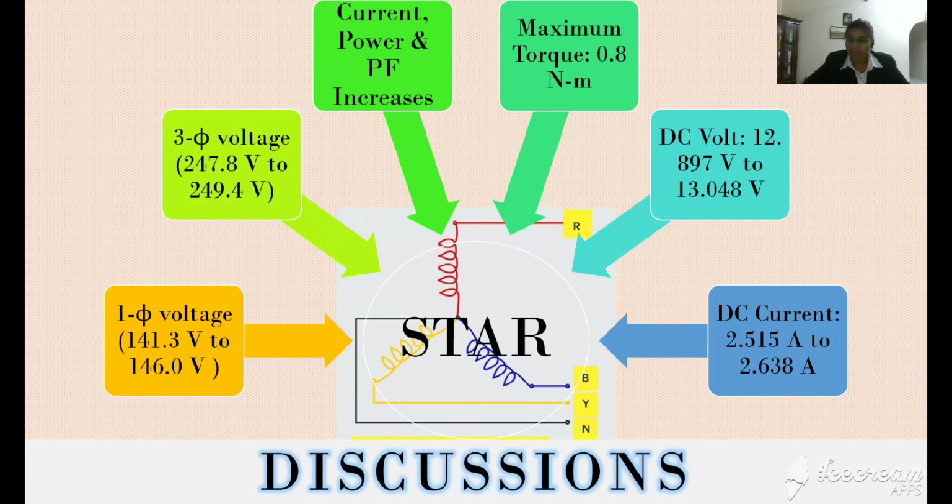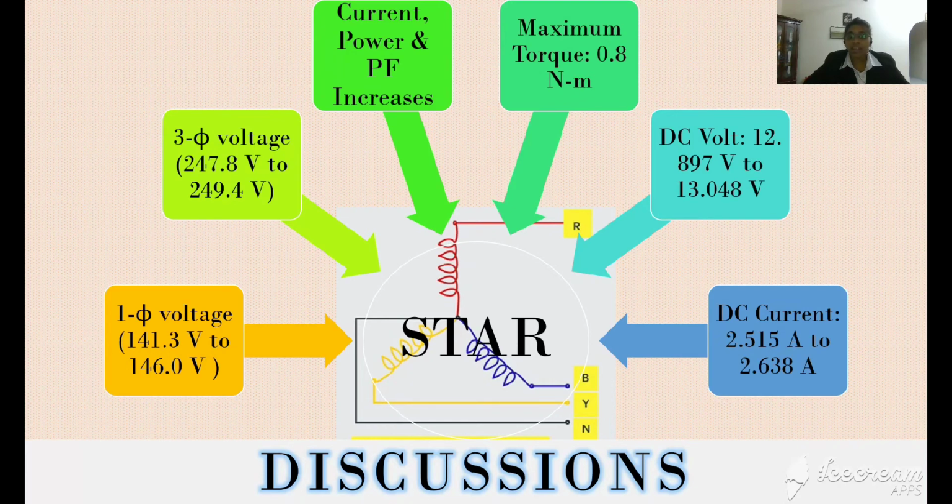This can also be calculated by using the formula of 120 multiplied by the system frequency of 50 Hz, divided by the number of poles. In this case, the number of poles is 2, and we obtain a synchronous speed of 3000 rpm.